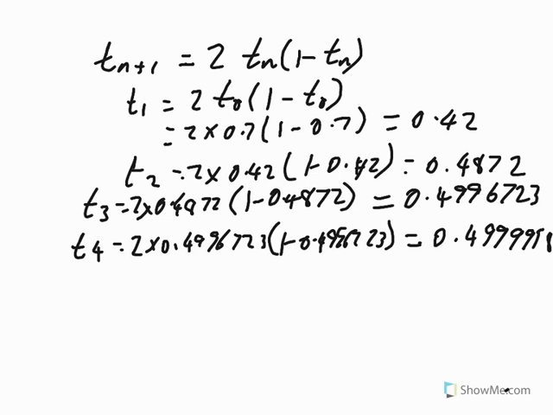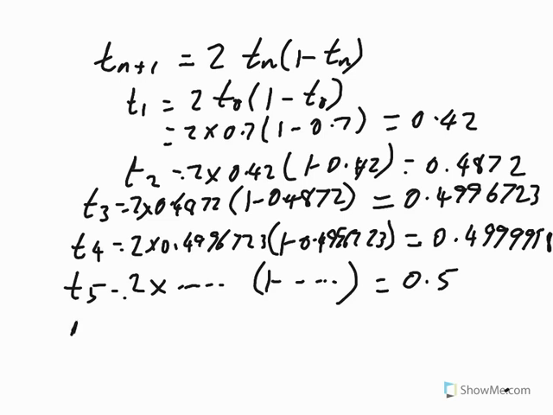So term 5 is 2 times that number, getting lazy here, times 1 minus that number, and when you do that you get 0.5. So term 6, 2 times 0.5, times 1 minus 0.5, and that's 0.5.